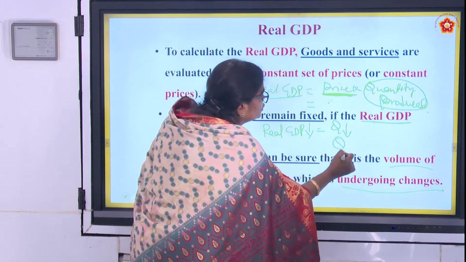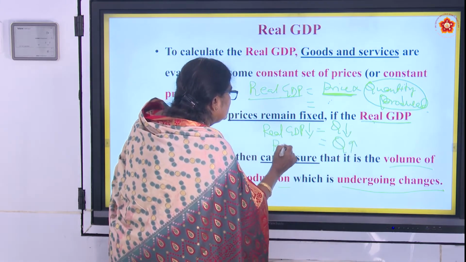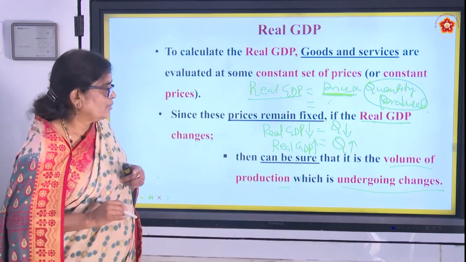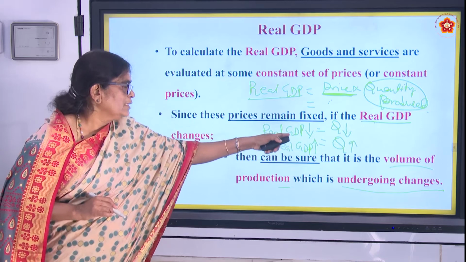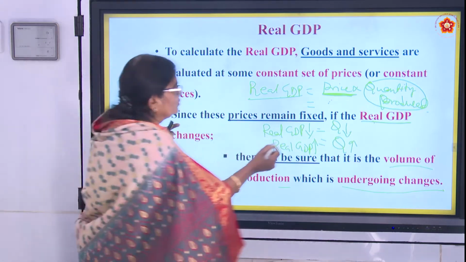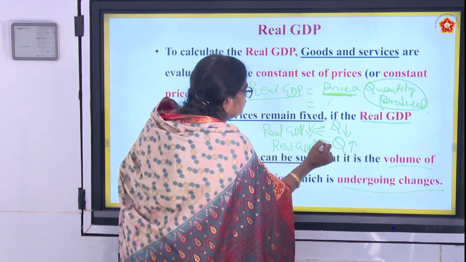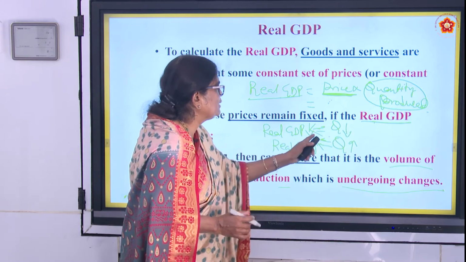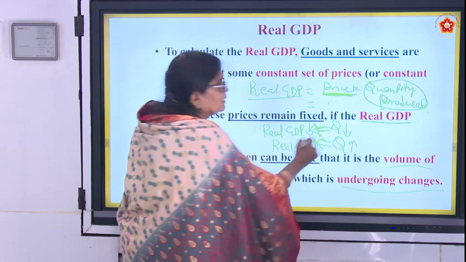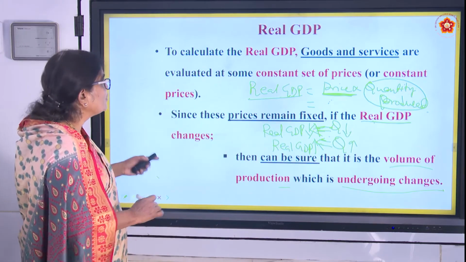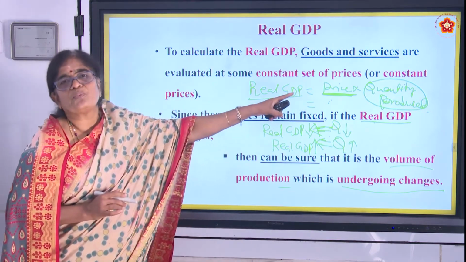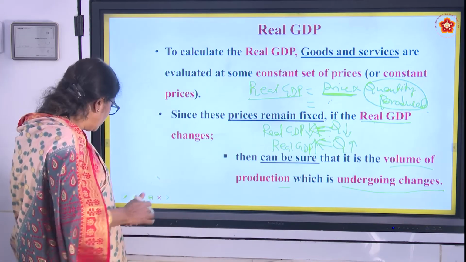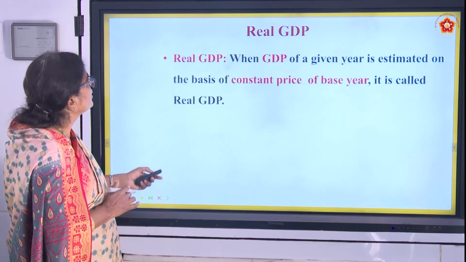If quantity produced increases, then real GDP also increases. I hope you understood. Thereby, real GDP is nothing but price into quantity of output for the particular year. I will explain with an example in the next slide.